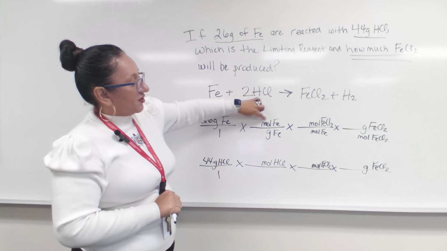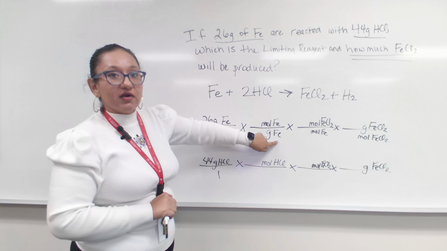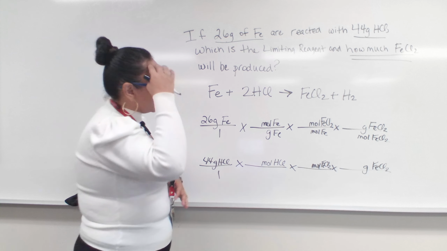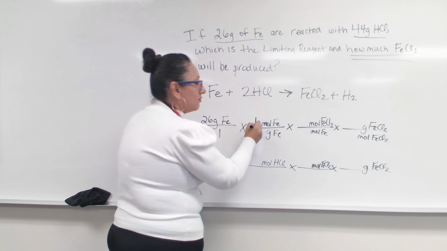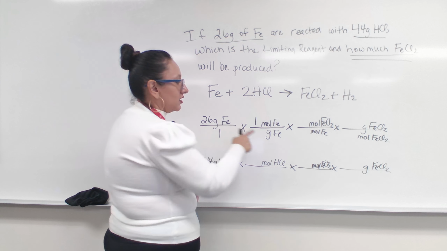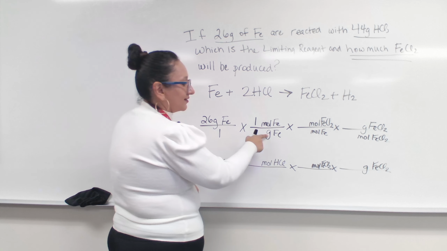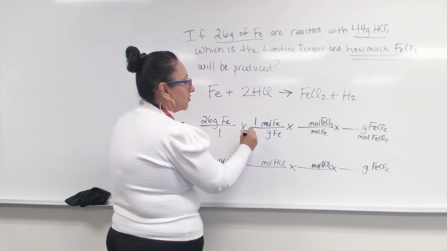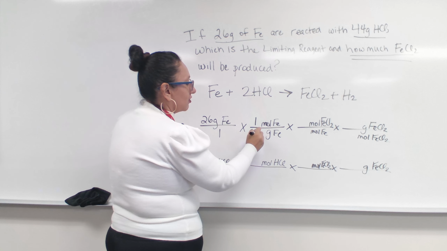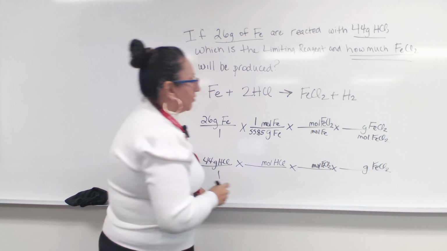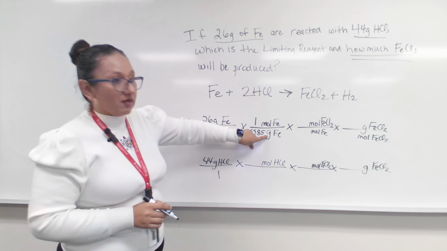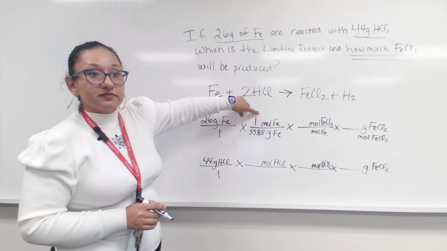The relationship of moles of iron to grams of iron is the definition of a mole. 1 mole equals its molar mass expressed as grams. So on the periodic table, iron is 55.85 grams per mole.